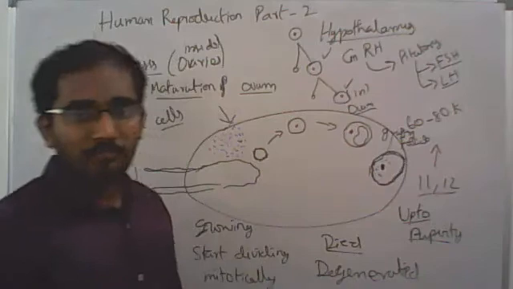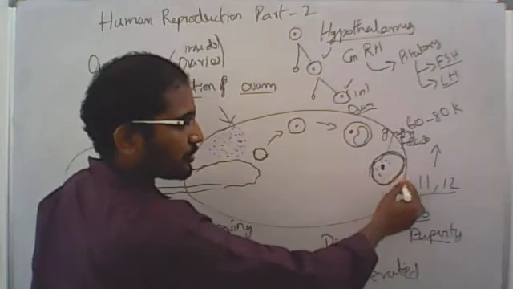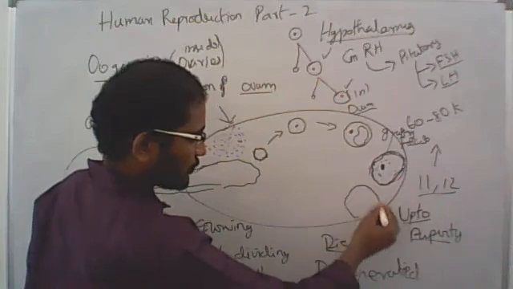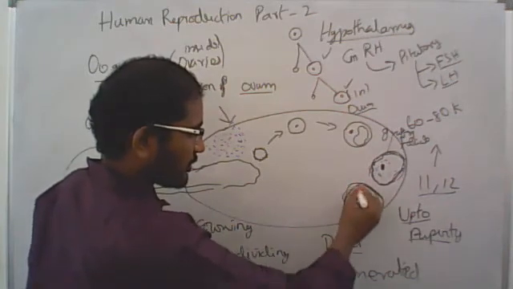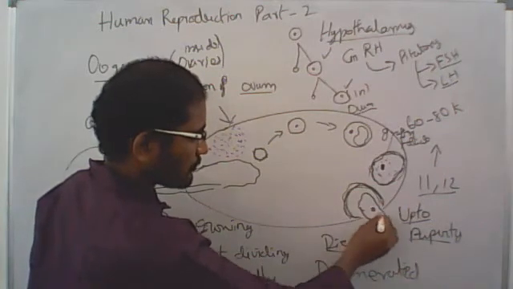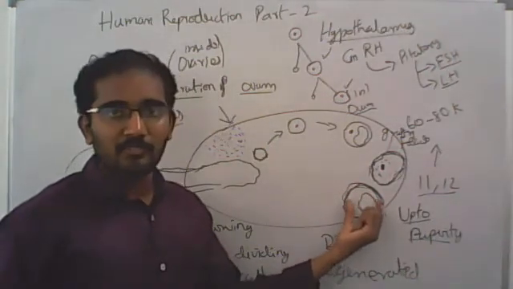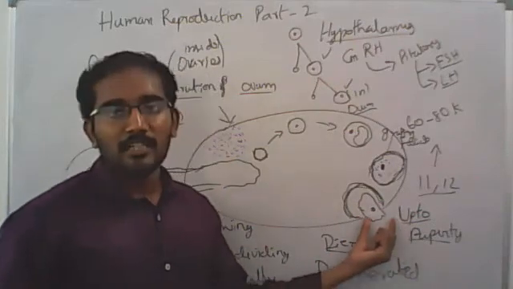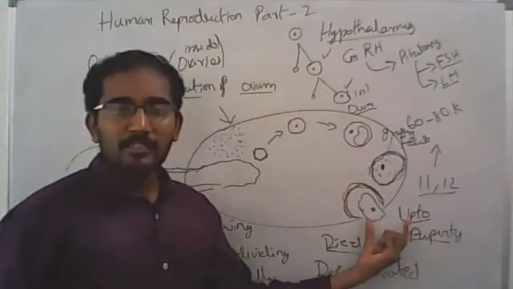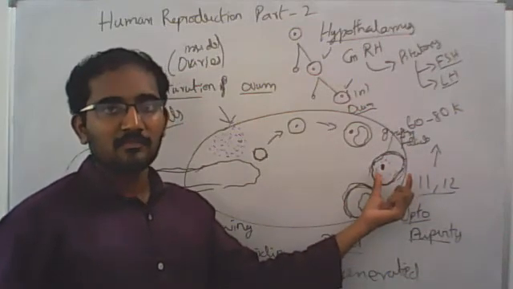After it has completely matured, the graafian follicle is broken down. Just draw it once again. It opens up, and the nucleus and the cytoplasmic content present inside the graafian follicle are released outside the ovaries. Earlier we discussed the maturation process, or follicle development.